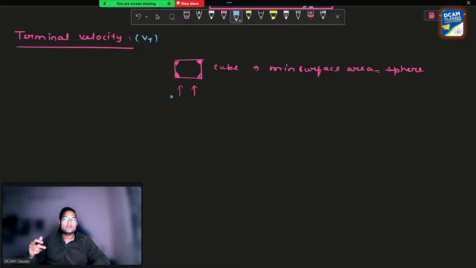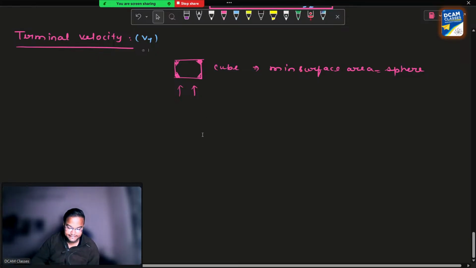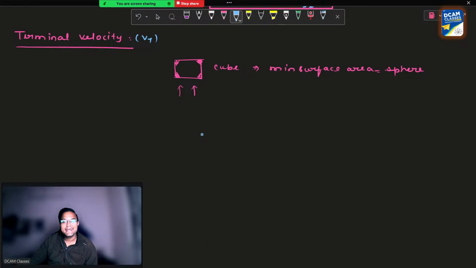This constant velocity that it acquires is known as the terminal velocity. We did this experiment in school, dropping a sphere in glycerine. Glycerin is the most common one.